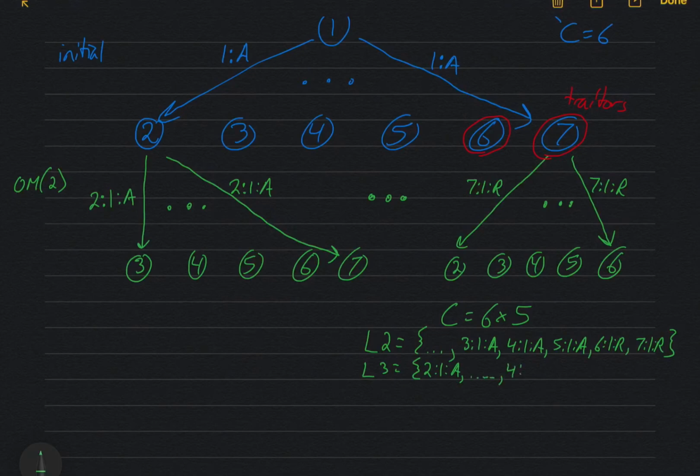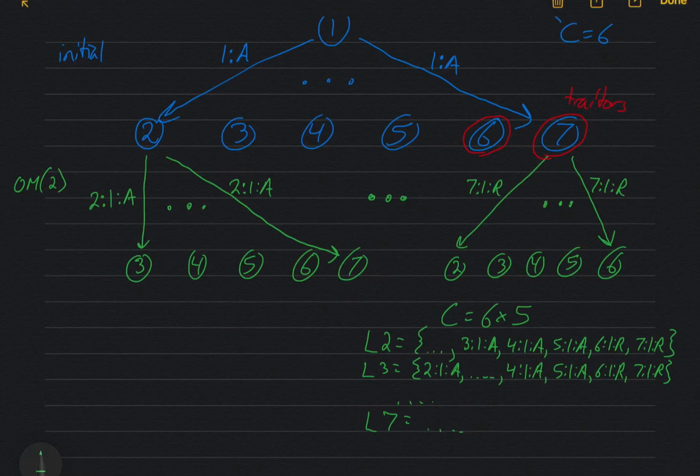Then 4, 1A, 5, 1A, 6, 1R, 7, 1R, and so on up to Lieutenant 7's vector. And again, Lieutenant 7 is unreliable, so who knows what would be in that vector of messages.